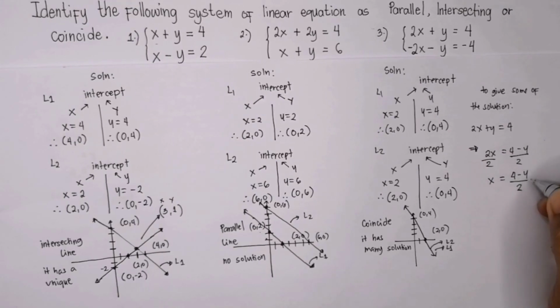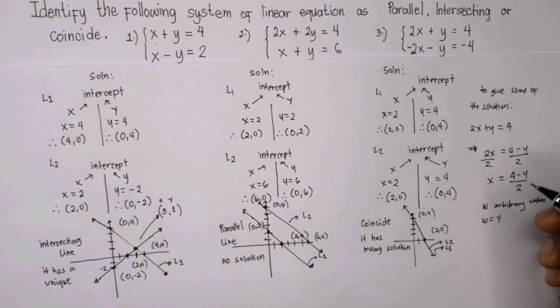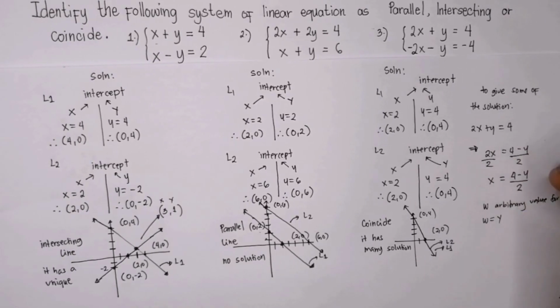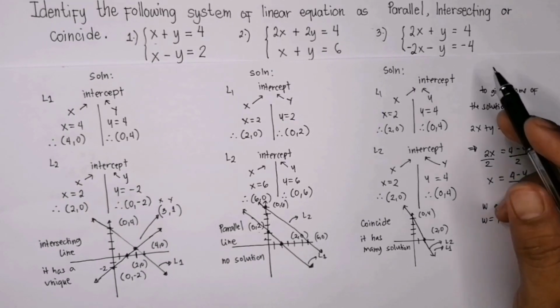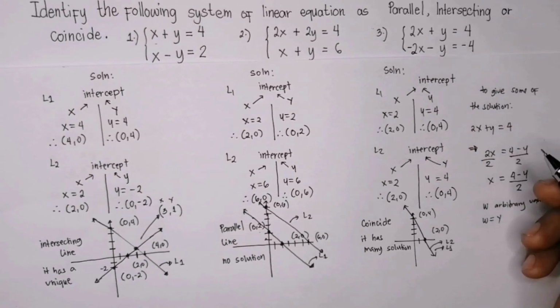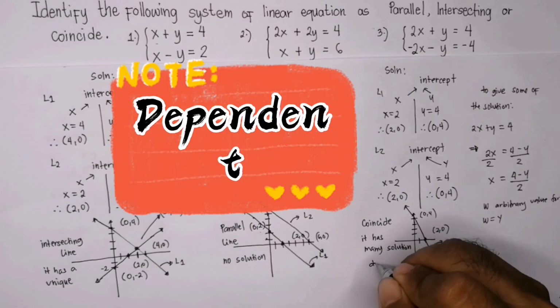We're going to use y as an arbitrary value. Meaning to say, if we use any number, let's say w, then we're able to give a value for x for this equation. That makes this coincident system dependent.